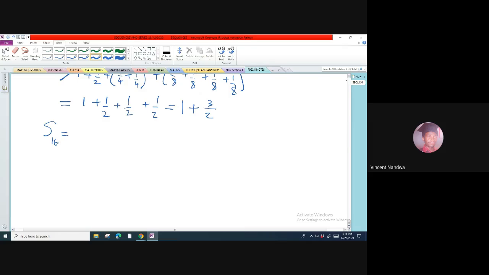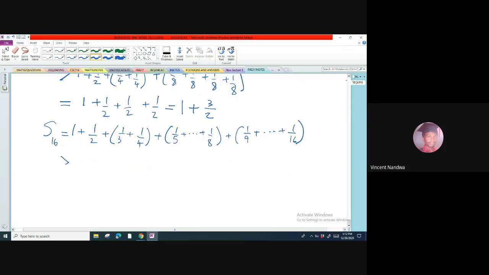S16 is the same as 1 plus a half plus a third plus a quarter plus 1 over 5 up to 1 over 8 plus 1 over 9 up to 1 over 16.